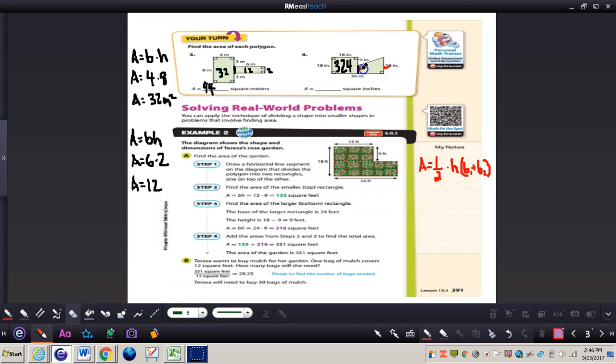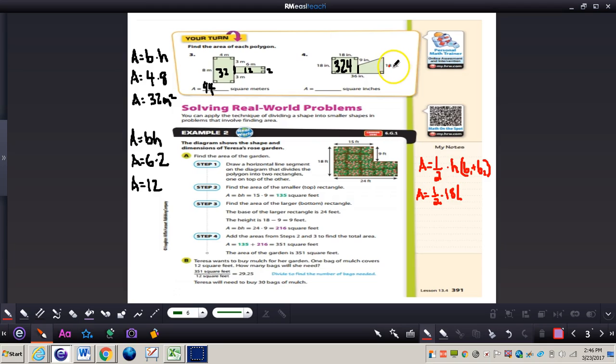So what we'll do is take area equals 1/2. We're going to plug in our numbers now. Times the height, which we can see the height will be 18. Times base 1.